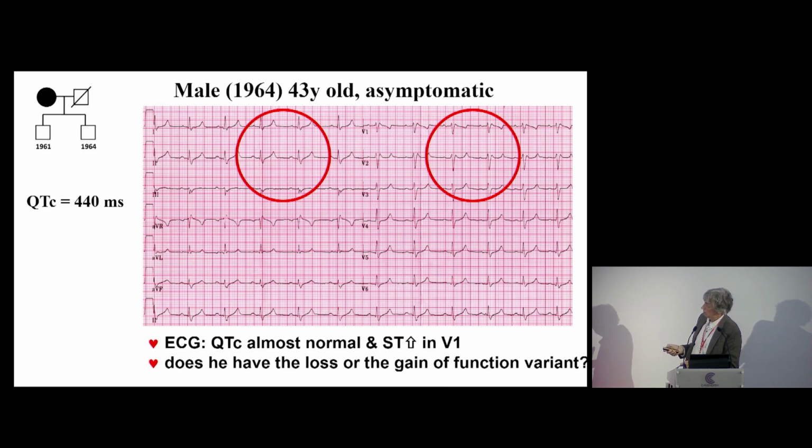So almost normal ST elevation in V1, and then the question obviously is, does he have the loss or does he have the gain of function variant? And I bet, at least we had a bet, that he had the loss of function variant because of this EKG characteristics. But lo and behold, he had the gain of function variant.